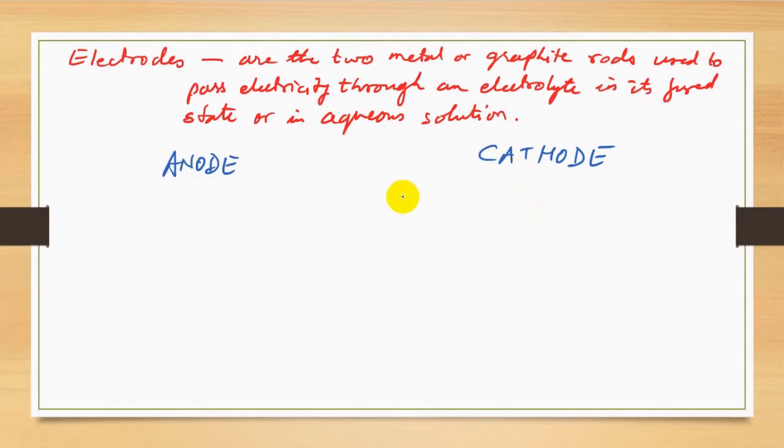So anode is the electrode connected to the positive terminal of a battery.